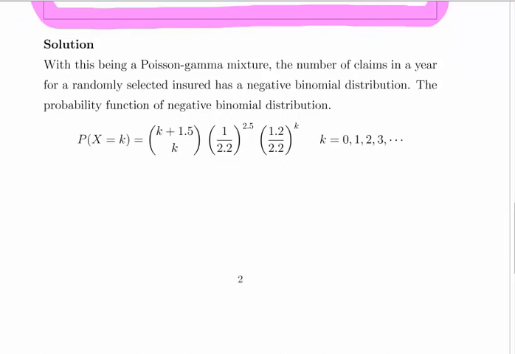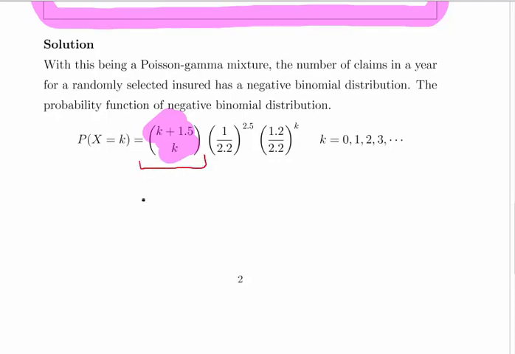The probability mass function is given as follows: k plus 1.5 choose k, times 1 divided by 2.2, that is 1 divided by 1 plus 1.2, to the power of alpha, which is 2.5, and likewise 1.2 divided by 2.2 to the power of k. Now, this one here is interesting, we'll come to that shortly.